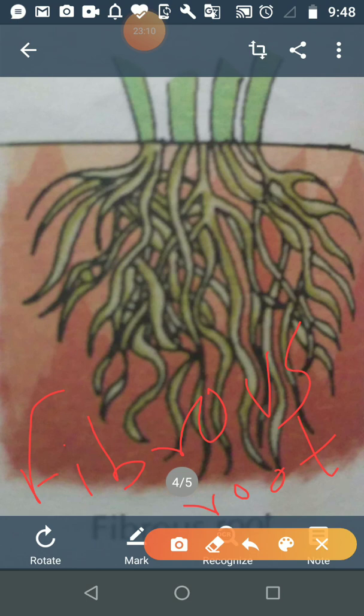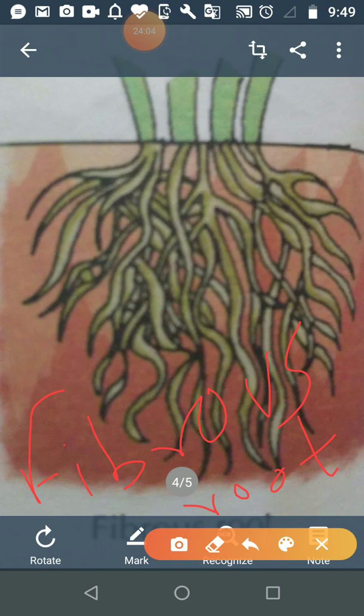So we know that student, roots are in the ground. So they provide support to the plant. That is the reason the plant stands straight. The upper part, the shoot part or you can say stem, gets support to stand straight in the ground.